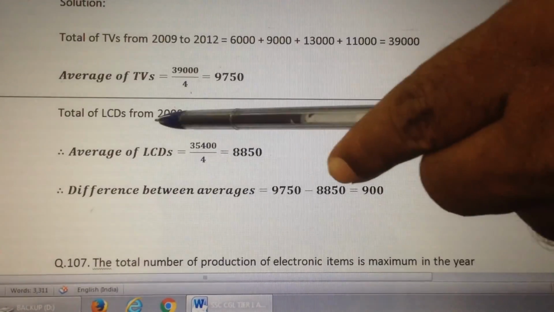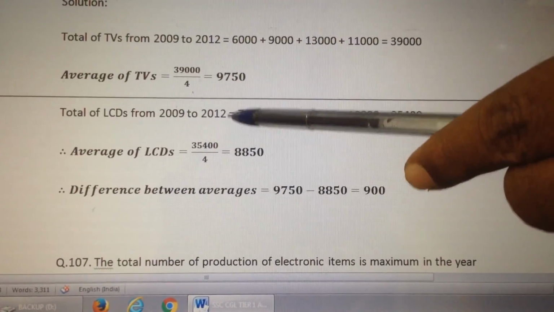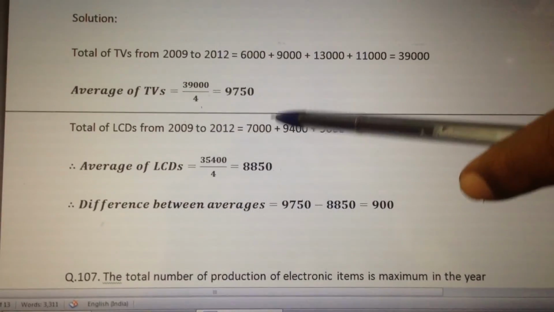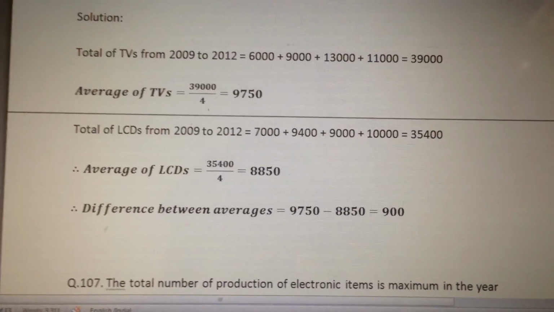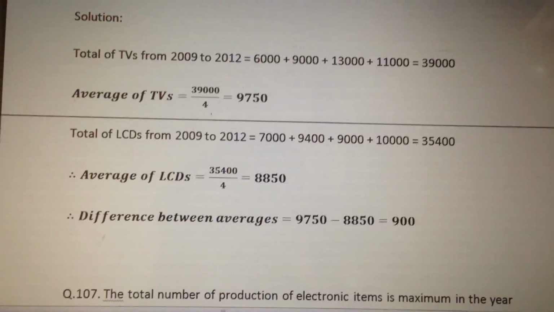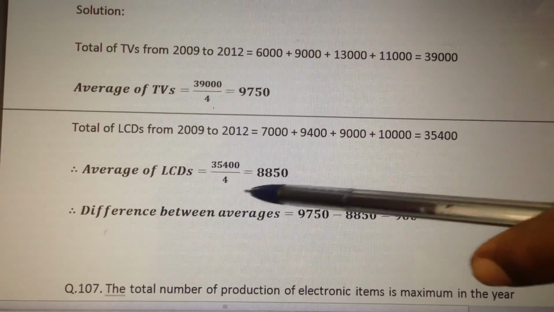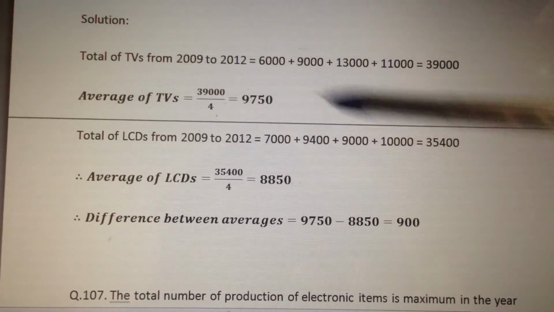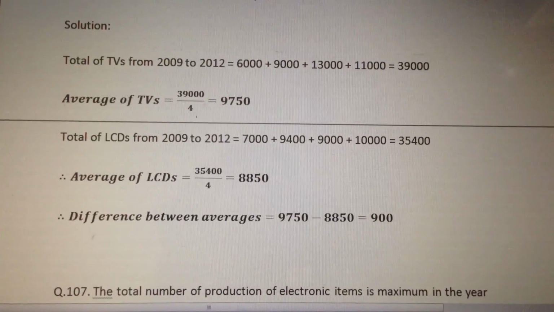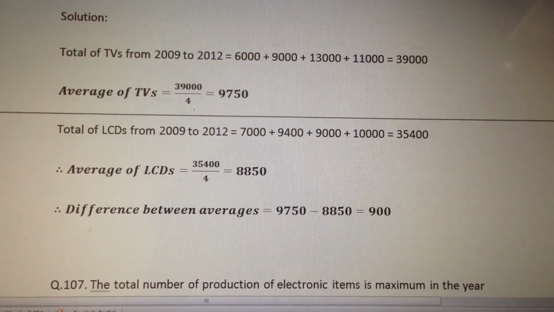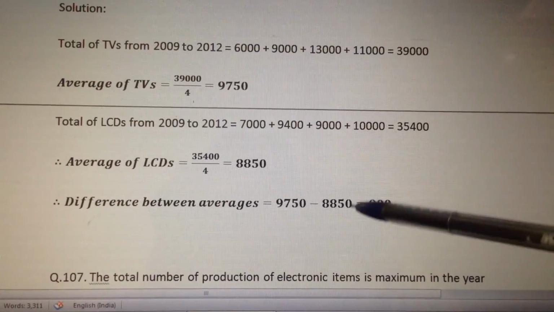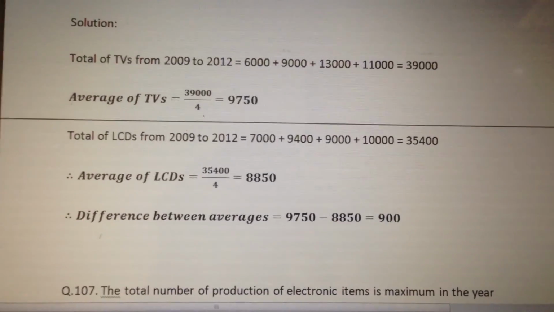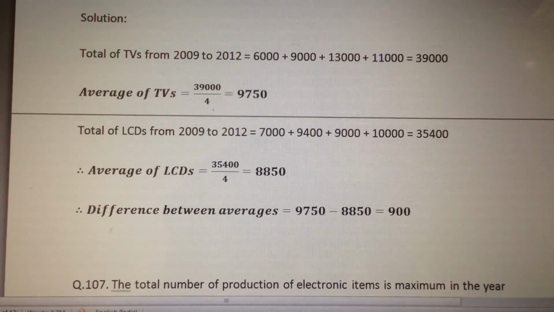Similarly, the total of LCDs from 2009 to 2012 is 7,000 plus 9,400 plus 9,000 plus 10,000, which is equal to 35,400, and its average is 35,400 by 4, which is equal to 8,850. Therefore, the difference between averages is 9,750 minus 8,850, which is equal to 900.